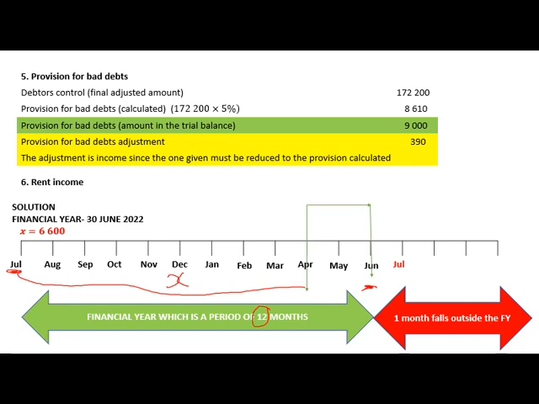And let me count. It's July, 1, 2, 3, 4, 5, 6, 7, 8, 9. I can't count April because by April, rent has already increased. So I know that it was 9X. It was X for 9 months.